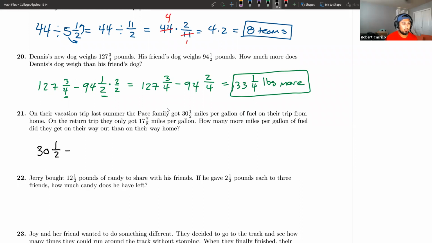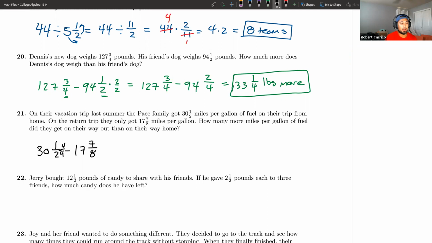30.5 minus 17 7/8. Okay. So in this situation, it's not going to work as nicely as the above. If we try to get a common denominator of 8 on this fraction, we would multiply that fraction by 4/4. But then something would happen.